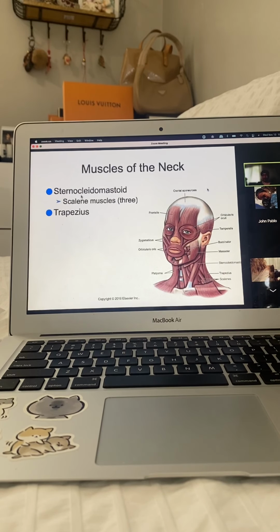And then you have sternocleidomastoid muscles and trapezius muscles, so we can move our neck from side to side or up and down. That is your sternocleidomastoid muscles. This is located here, that is inserted on your mastoid process.